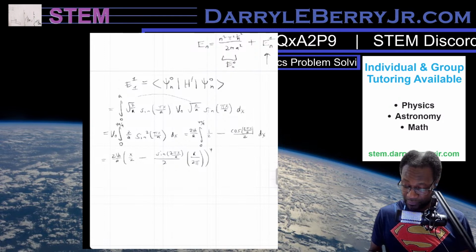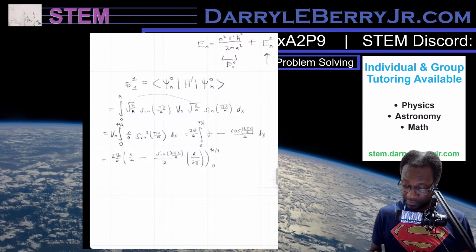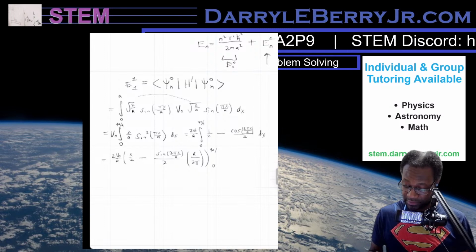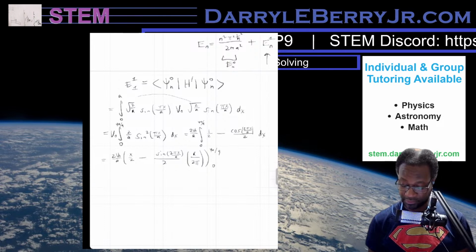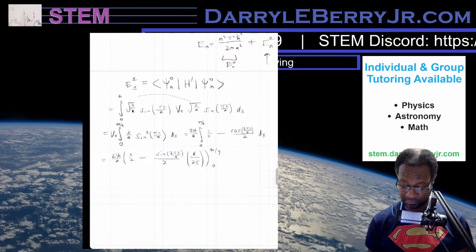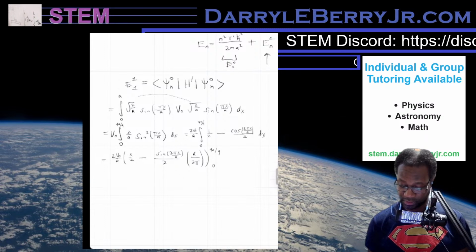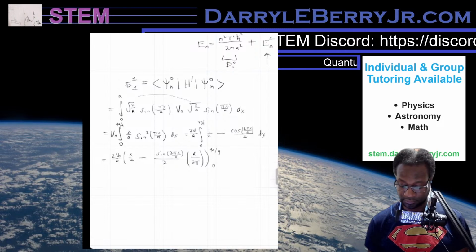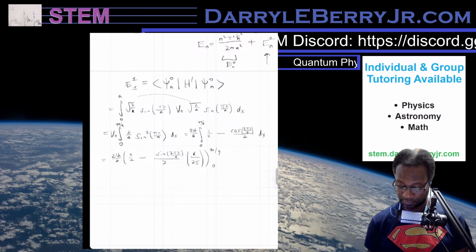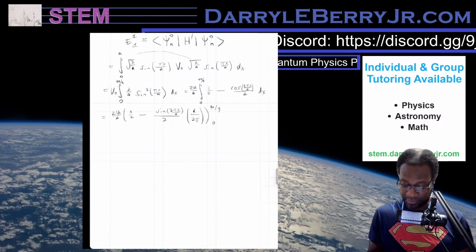And we're going to have the 4a over 9 and 0 for what we insert into this, right? And let's check, let me make sure I didn't make any errors on my algebra. Everything seems to be good. See what we have when we put this in.